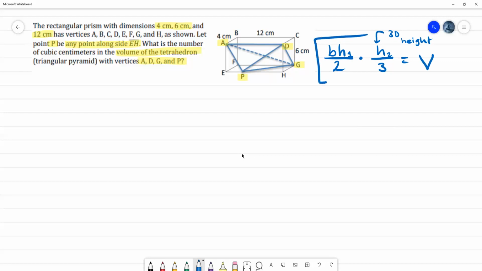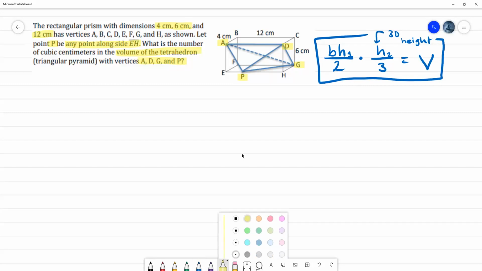So now that we know our tetrahedron formula, we can find the different variables needed to solve for the volume. The first thing you would do is find the base of the tetrahedron. If you look at the tetrahedron, there are many possible bases. For example, this could be the base, triangle PDG, and then point A could be the top point.